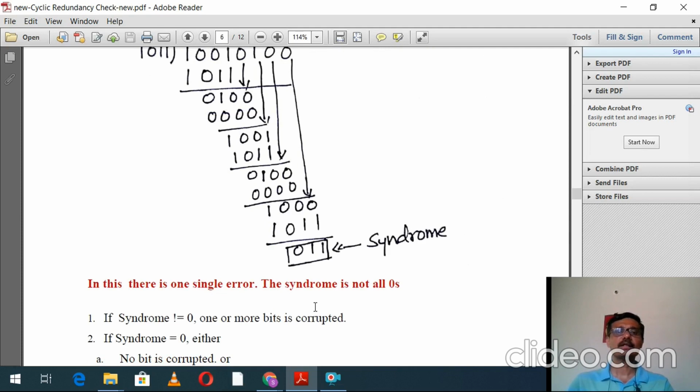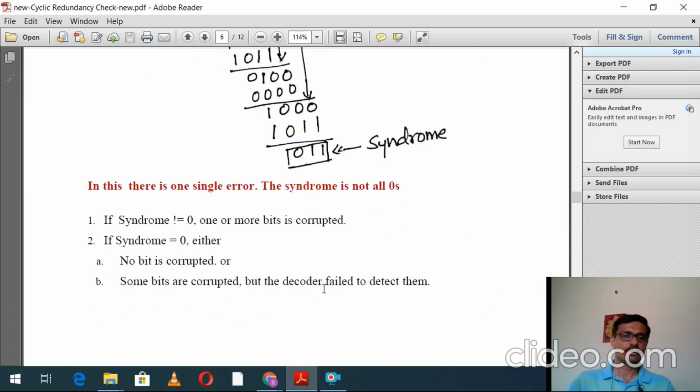So finally, the conclusion is this: if the syndrome is not equal to 0, one or more bits are corrupted. In our example, we have taken only one bit, but it can be one bit or more than one bit. It can be a burst error also, which is already detected.